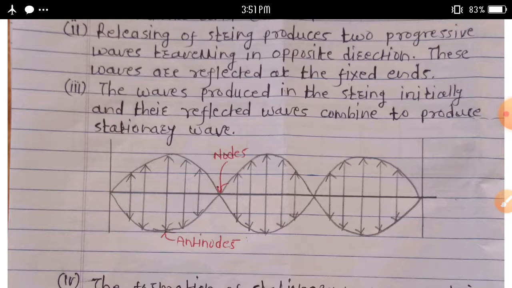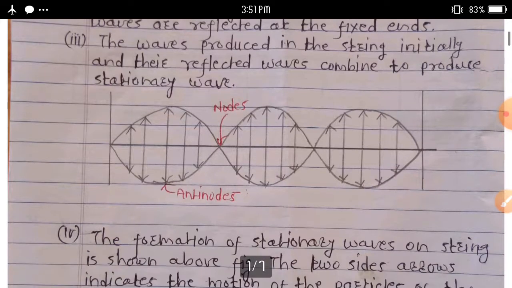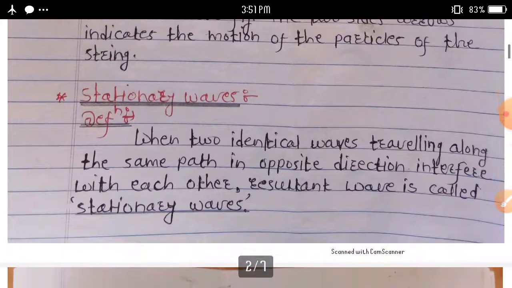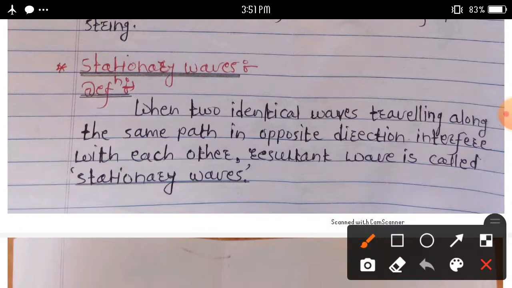Then we discuss the definition of a stationary wave. Definition: when two identical waves traveling along the same path in opposite directions interfere with each other and form loops, this resultant wave is called a stationary wave.